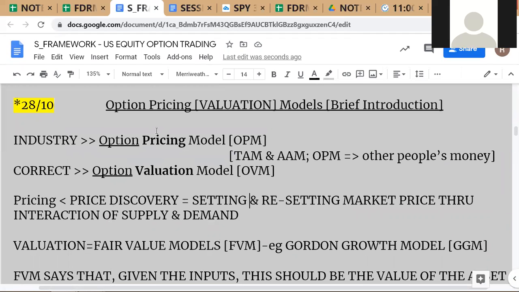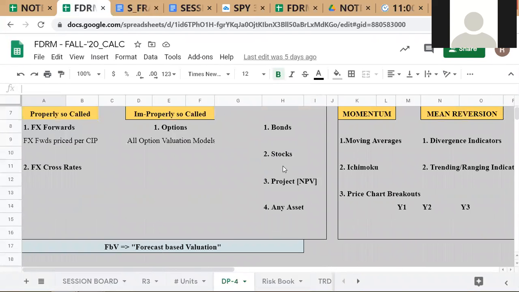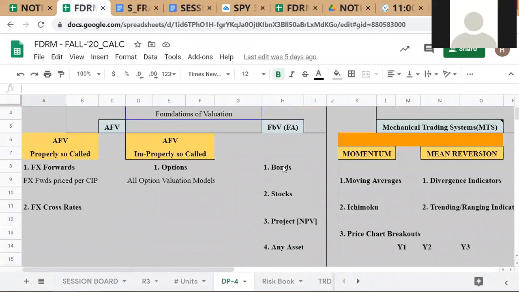When you did all your forecast-based valuation analysis in your first year, which is your bond valuation, generally, if it's not a government bond, then there's some uncertainty about the cash flows.